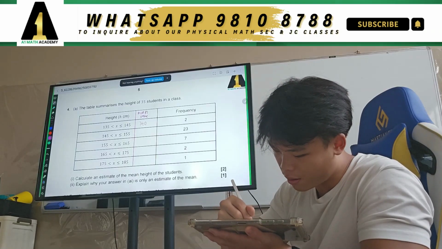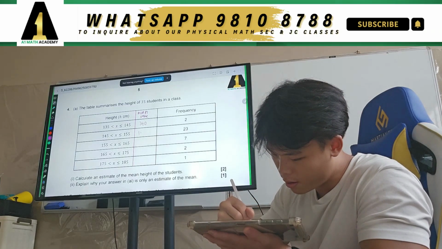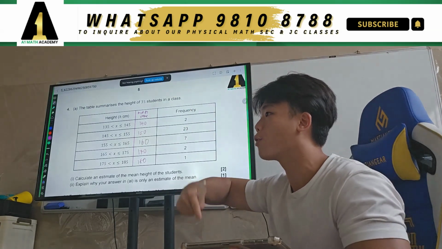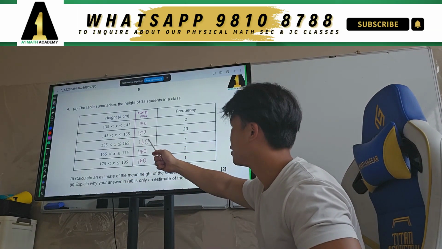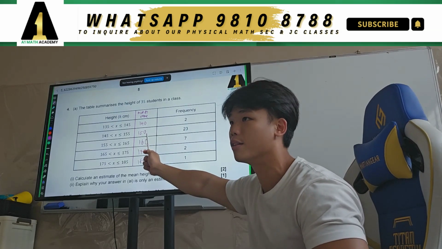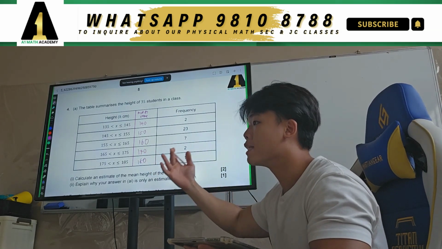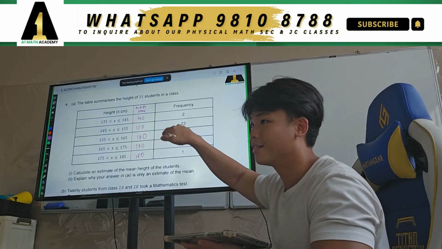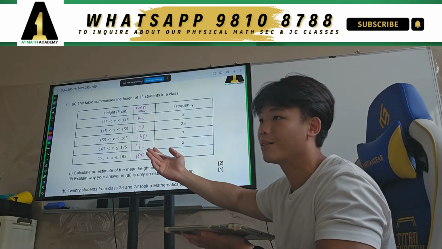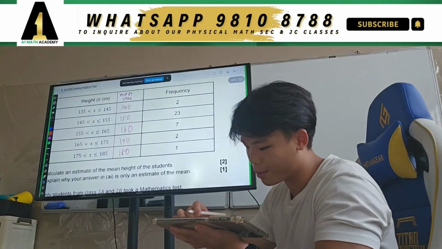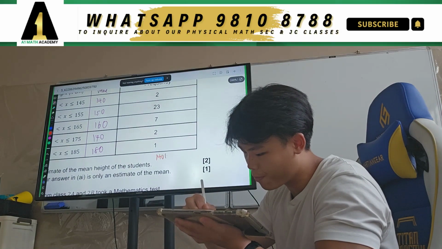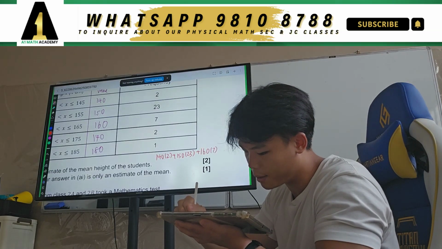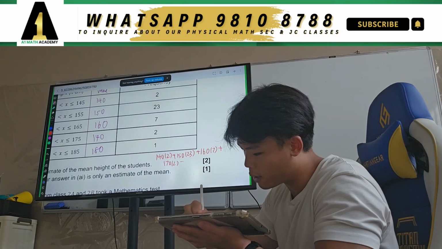So your midpoint values: 140, 150, 160, 170, 180. That means from this point onwards, I treat all these 23 values as 150. So how to calculate the mean height of the students? I need to add everything together, then divide by the number of students. We take 140 times 2 plus 150 times 23 plus 160 times 7 plus 170 times 2 plus 180 times 1.